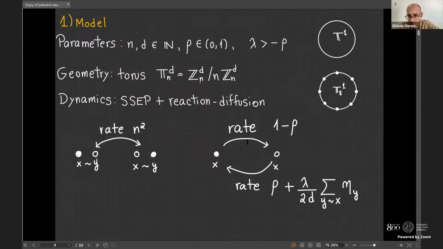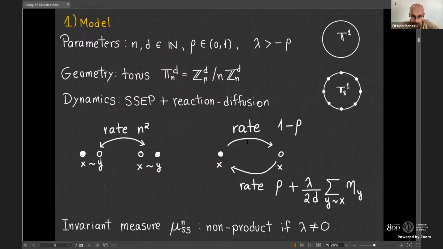And by the way, things should be translation invariant. So the measure we set up to study is actually translation invariant. We can do some computations to show it's not a product measure if the lambda term is not 0. But we can have a pretty good guess that it should be close to a product measure.